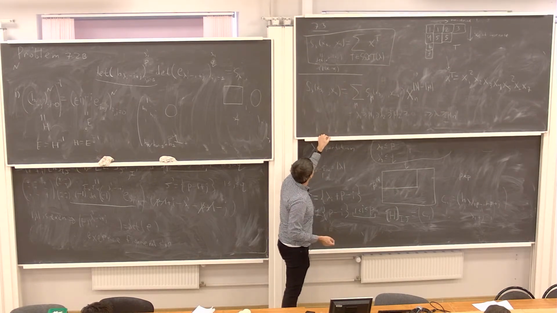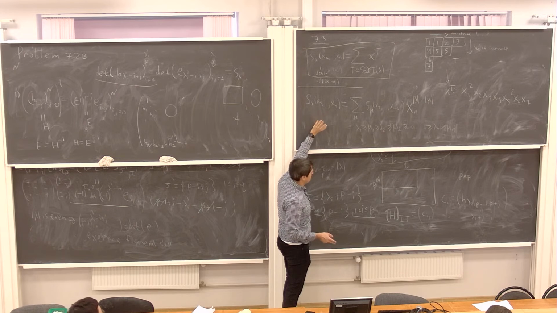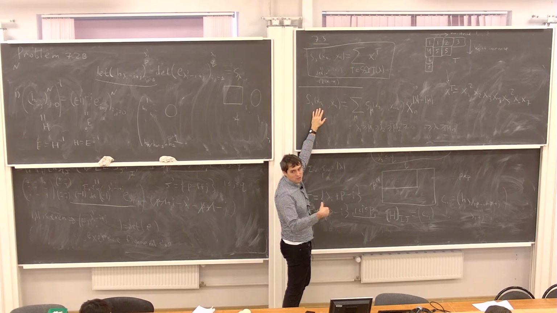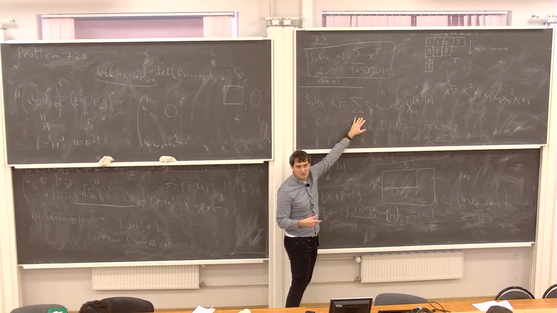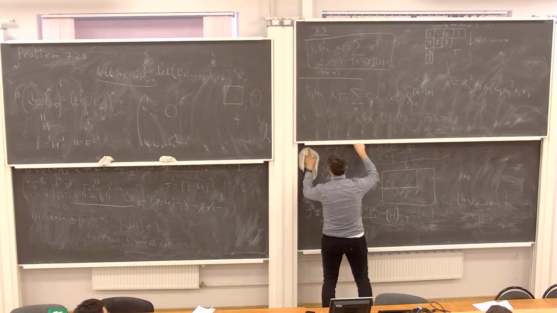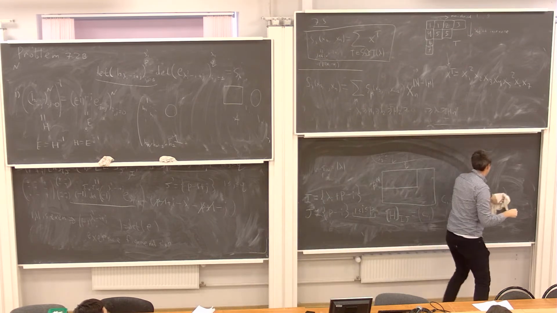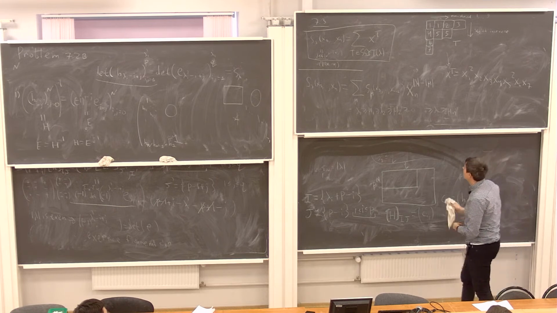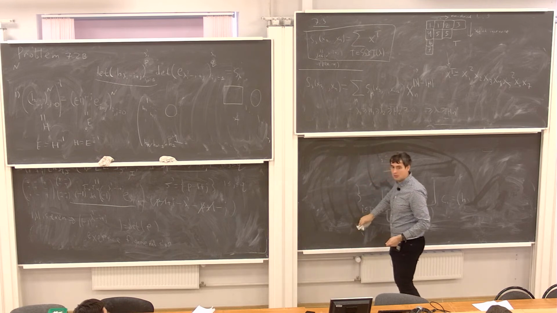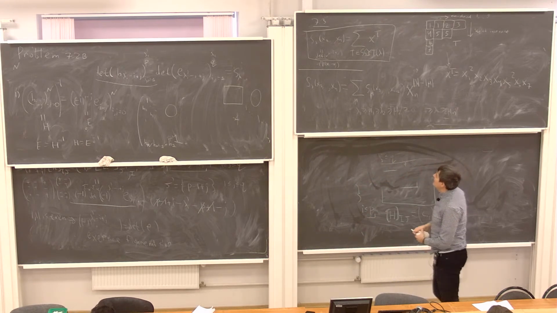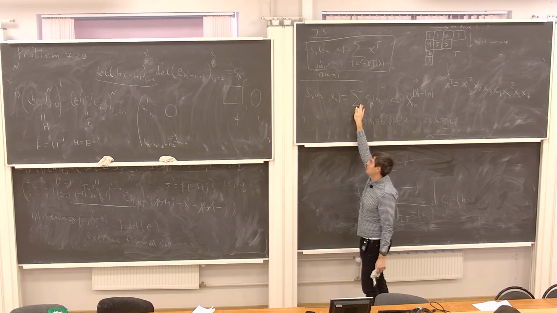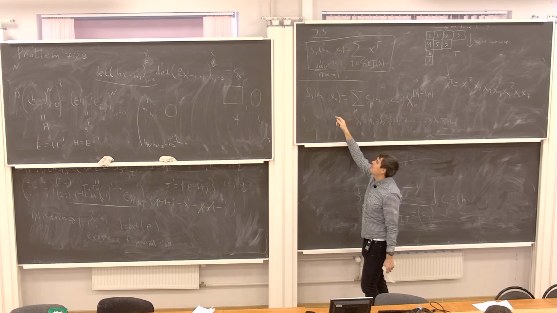For example, if you have a representation of GLn or Sn as well, and you restrict the representation of GLn to GL(n-1), then you have exactly these representations. This is the character of a GLn representation, and this is the character of the GL(n-1) representation, and this is restriction.